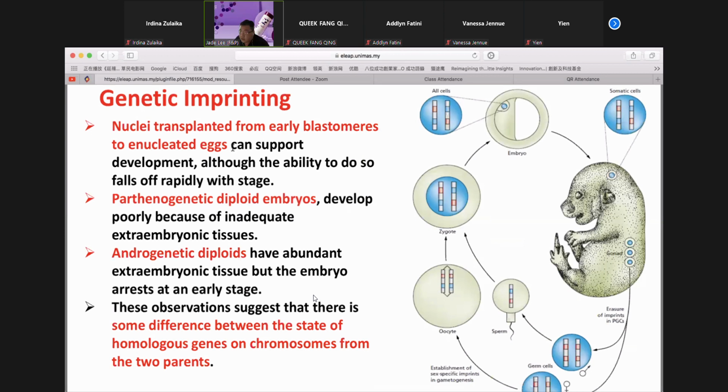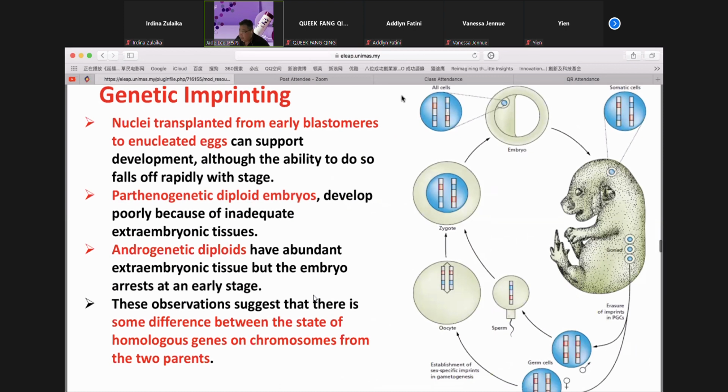So this can support development, although the ability to do so falls off rapidly with stage. The parthenogenetic diploid embryo developed poorly because of inadequate extra-embryonic tissue, and the androgenetic diploid has abundant extra-embryonic tissue, but the embryo rests at an early stage.